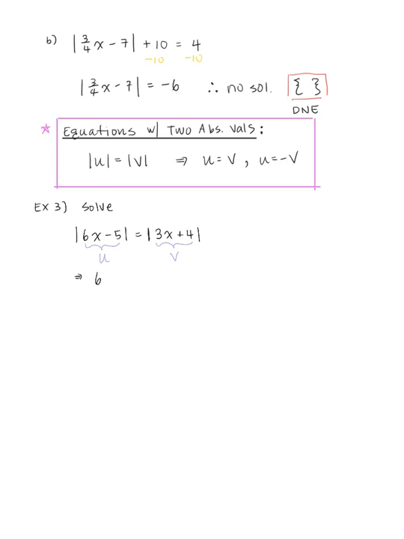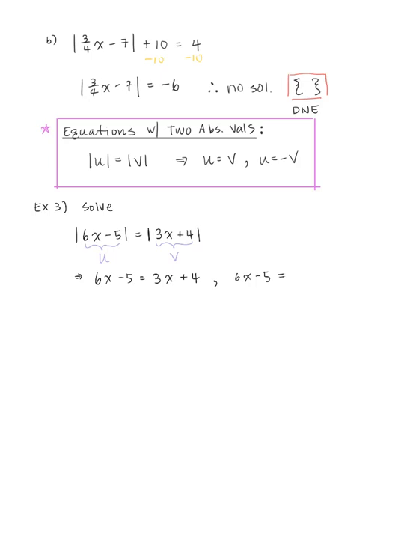So let me write it. Our U is 6x minus 5. So taking the positive side of V, we're going to have 3x plus 4. And then also U equals negative V. So in this case, our U is 6x minus 5. Now next step, be careful. V is the whole quantity 3x plus 4.